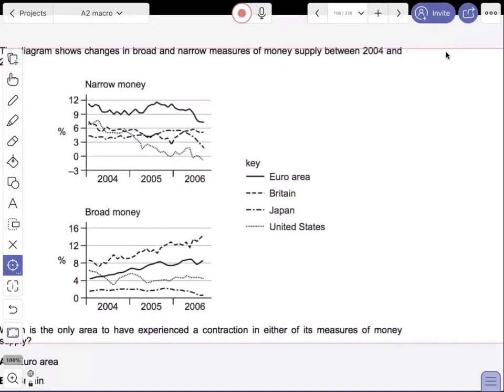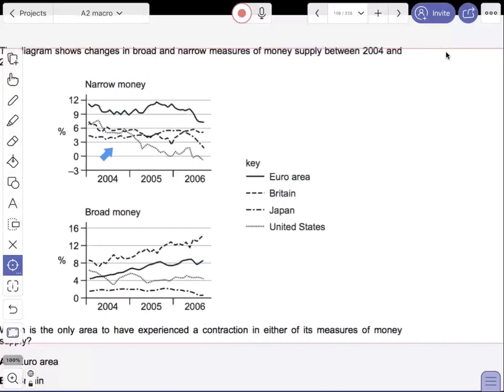So look at this, guys. For the euro area, the narrow money is going down here, while the broad money is going up. Britain is the big dotted line.